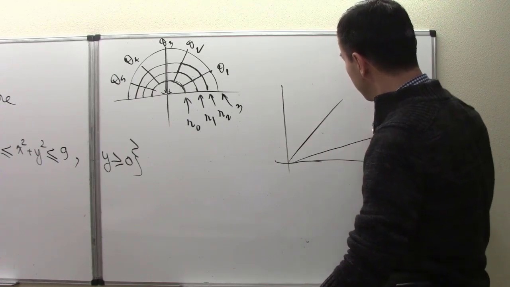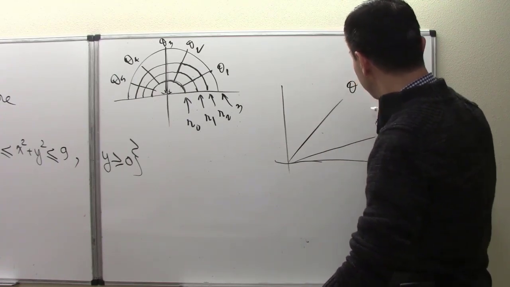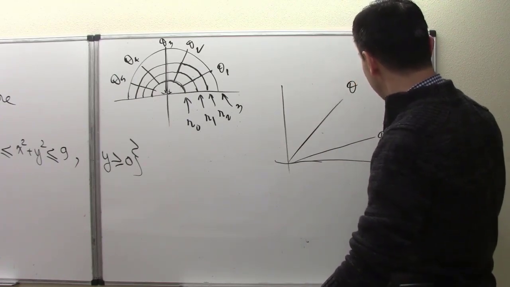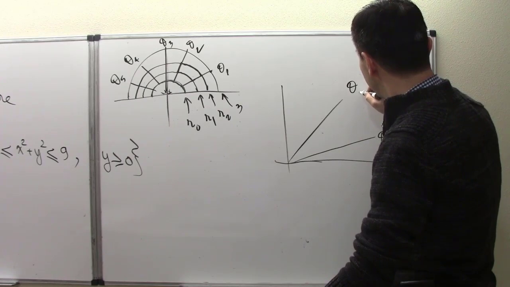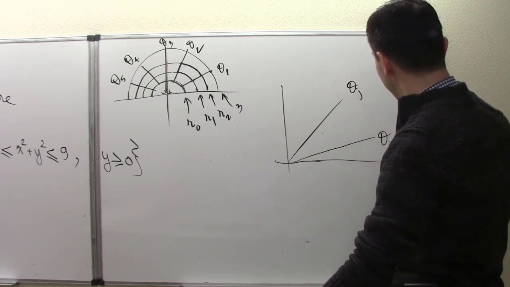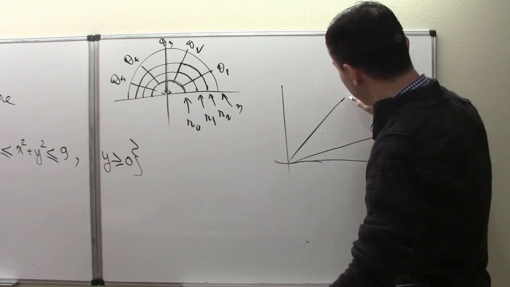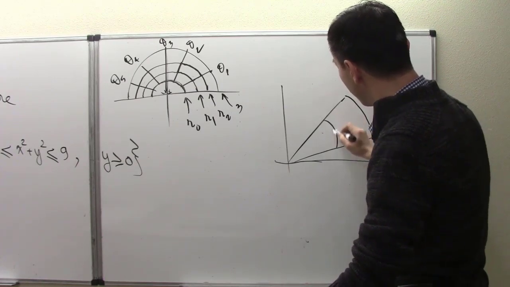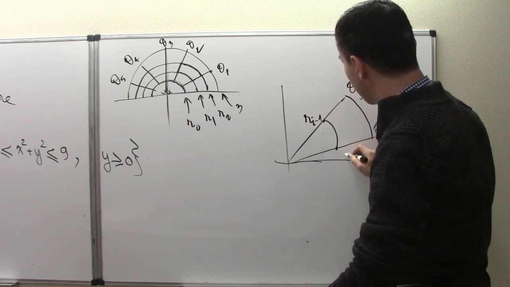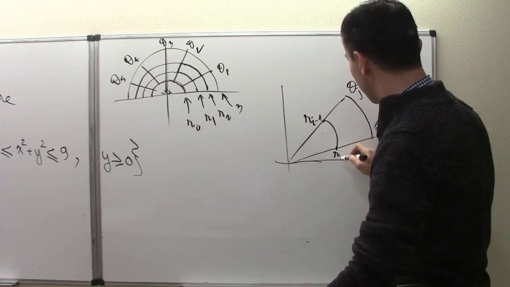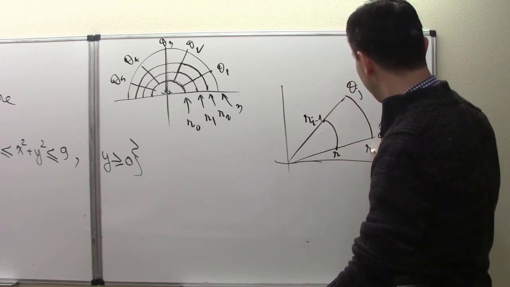In between some theta j minus 1 to some theta j, we have some change between some radius i minus 1 to some radius i here.